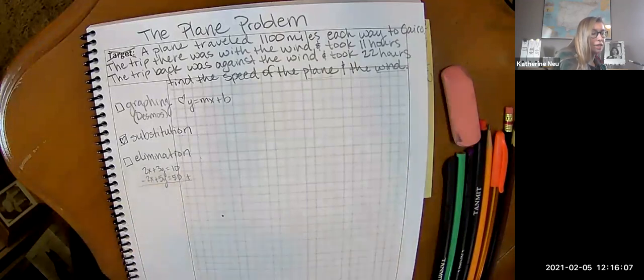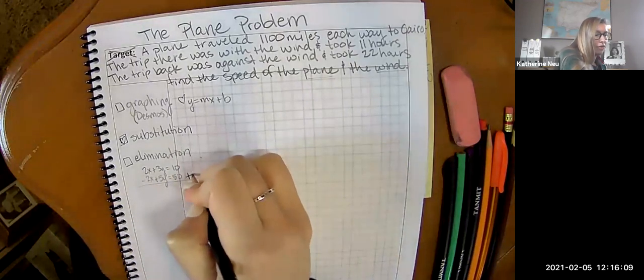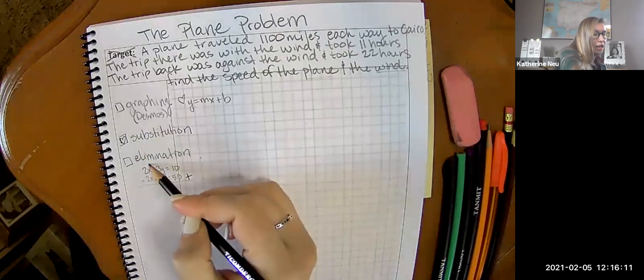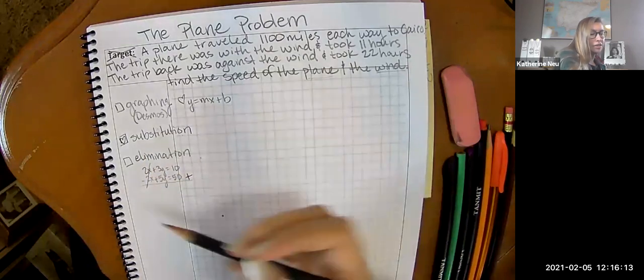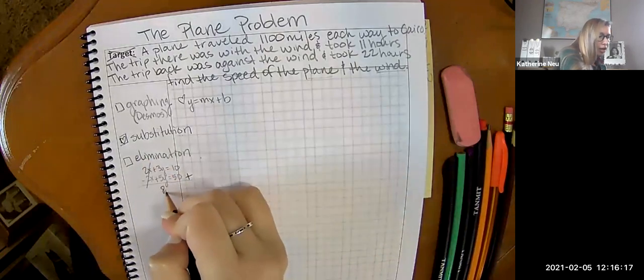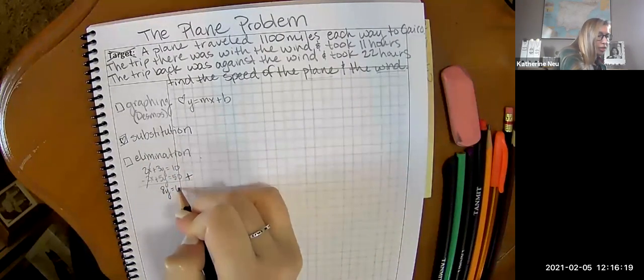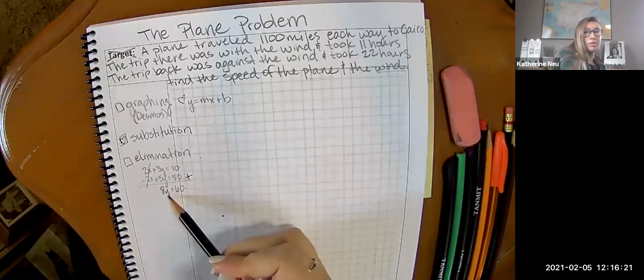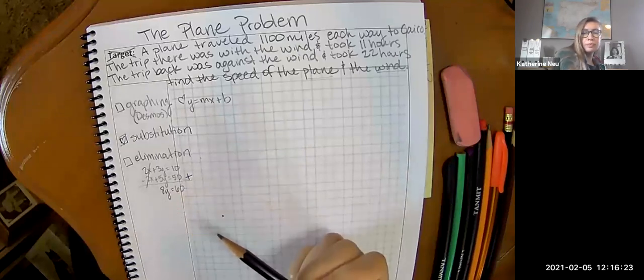And then when you add them together, one of the variables eliminates, right? Then I cancel that out and I get 8y equals 60. And then it's really easy for me to solve for y.